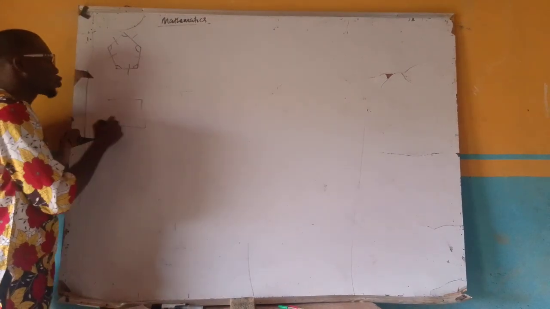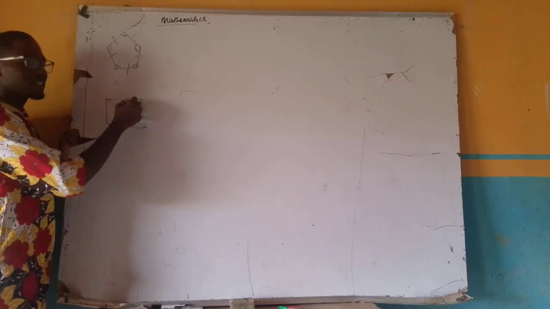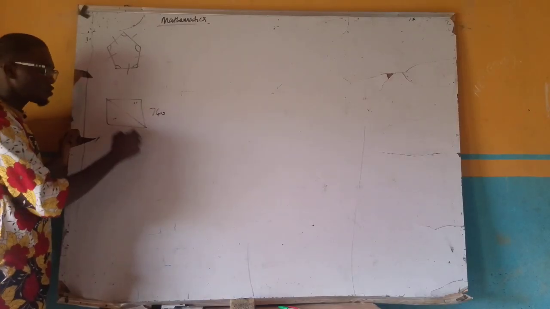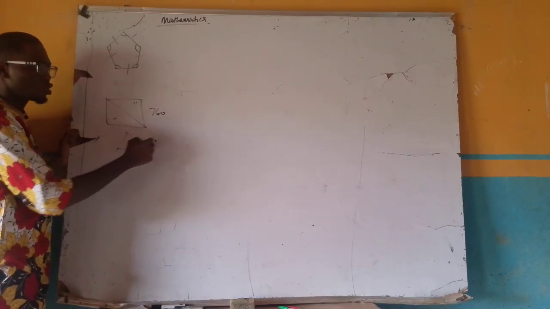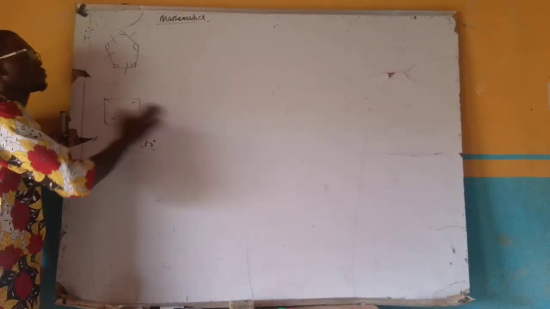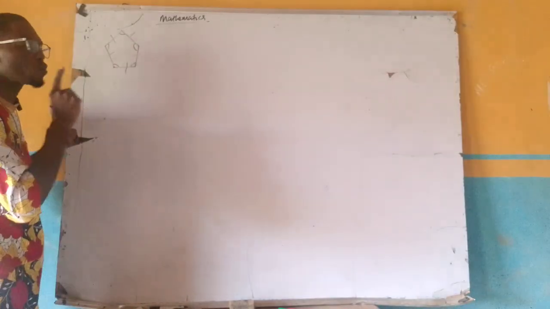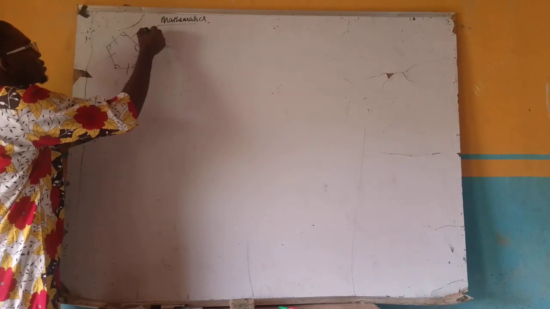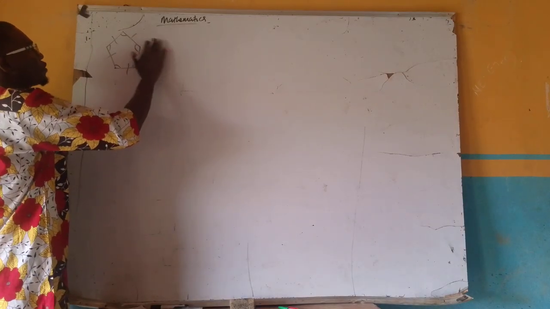Remember, for a square, it is 360. For a triangle, it is 180. This is the sum of angles of 4 sides. But this is a 5-sided shape. What is the sum of angles? That's what we are trying to find out. So there's a formula for that. The formula is simply what? Sum of angles.